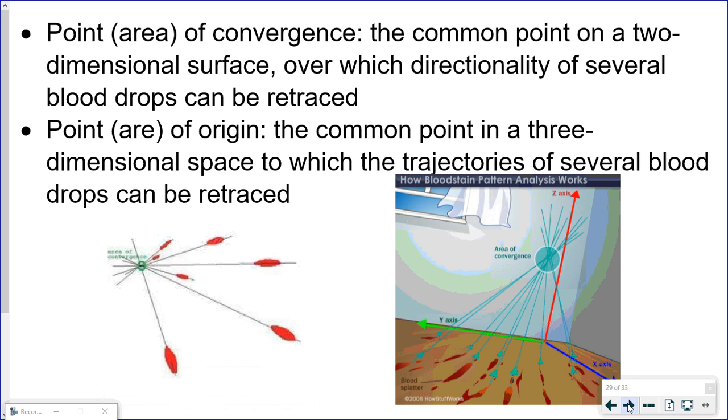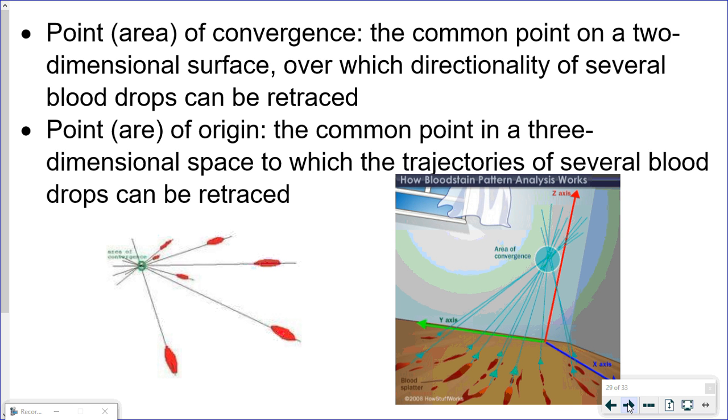We have the point or area of convergence. This is the point on a two-dimensional surface, like on a floor or a wall, where the directionality of several blood drops can be traced. So this will find the height on the wall or the point on the floor where the blood originated. Then we have the point or area of origin. This is more three-dimensional.